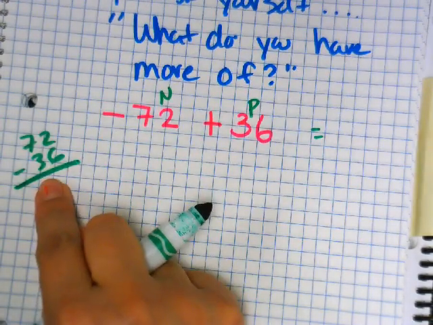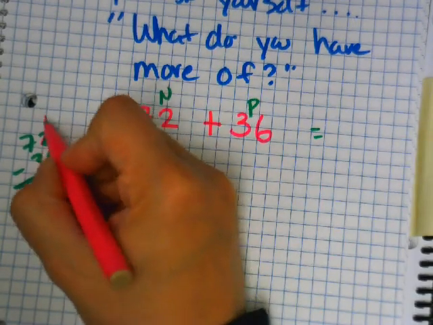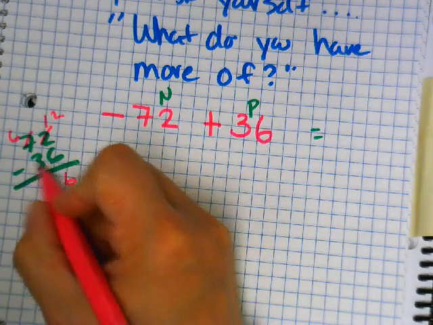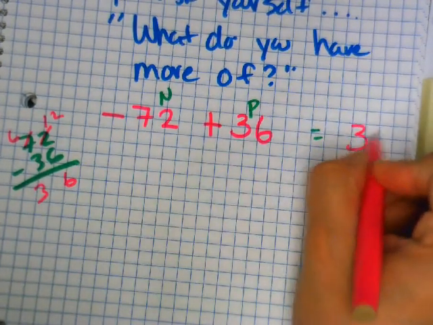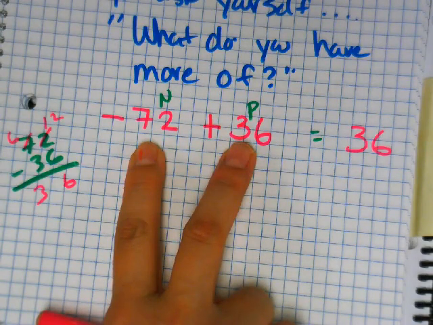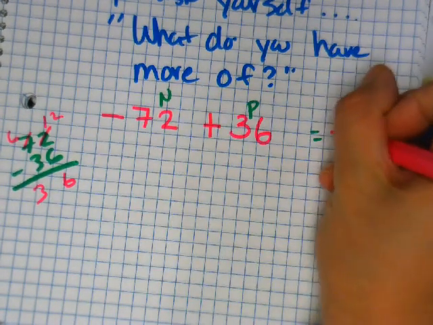You borrow, and what do we get? 36. Now you go back and ask yourself, what do you have more of? Negatives. So my answer is negative 36.